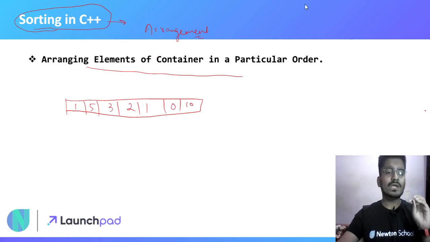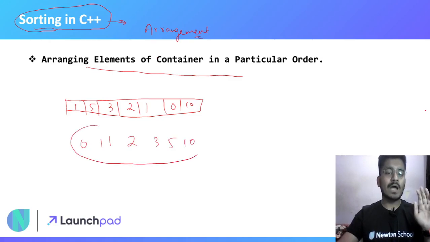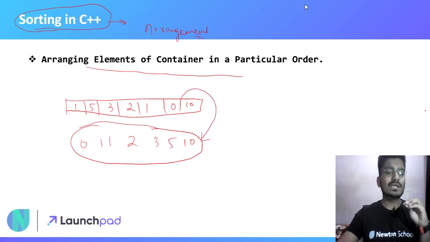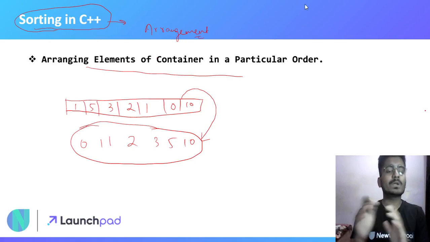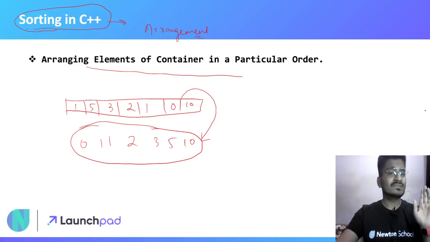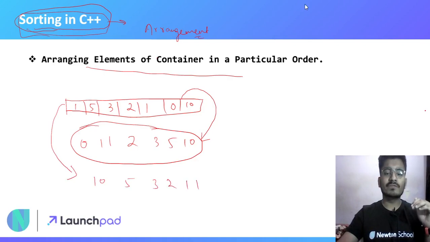If we want to arrange these elements in ascending order, we get 0 1 1 2 3 5 10. So you can say that you have sorted these container elements in ascending order. This is simply known as sorting. You can also sort these elements in descending order, like 10 5 3 2 1 1 0.